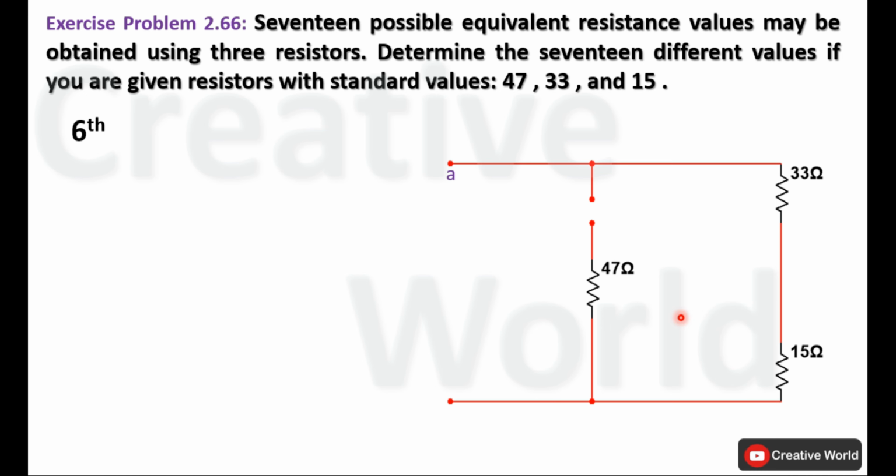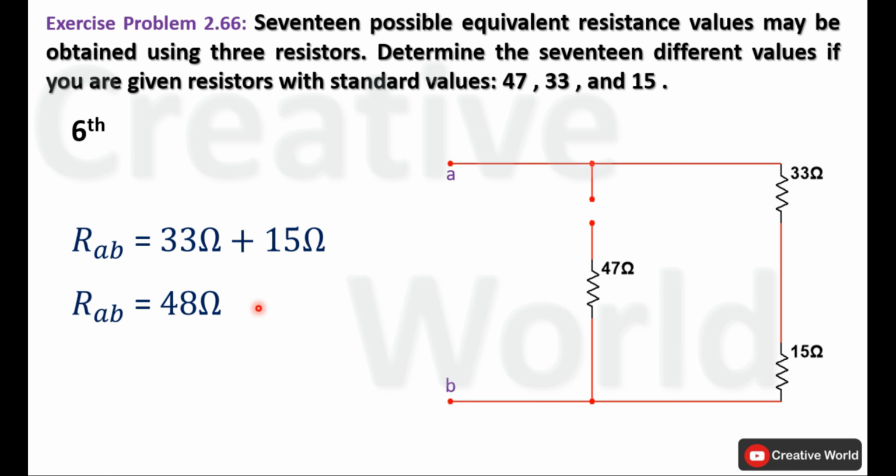Calculate equivalent resistance by adding these 2 resistances together because these are connected in series. Their sum will be equal to RAB, that is 48 ohm. Up to this point, we have calculated equivalent resistances of 6 different configurations. Move to the next configuration.